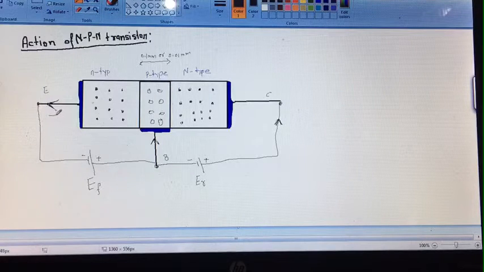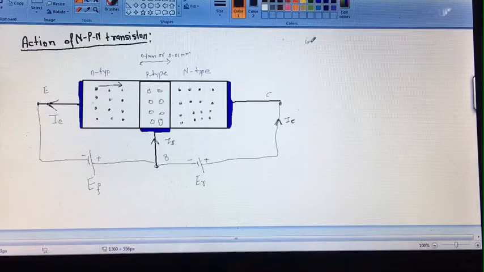This is current IE, this is current IB, the base current, and this current is taken as IC. Now, after applying negative potential, the electrons will move towards the P side and cross into the P side, that is, the base region.